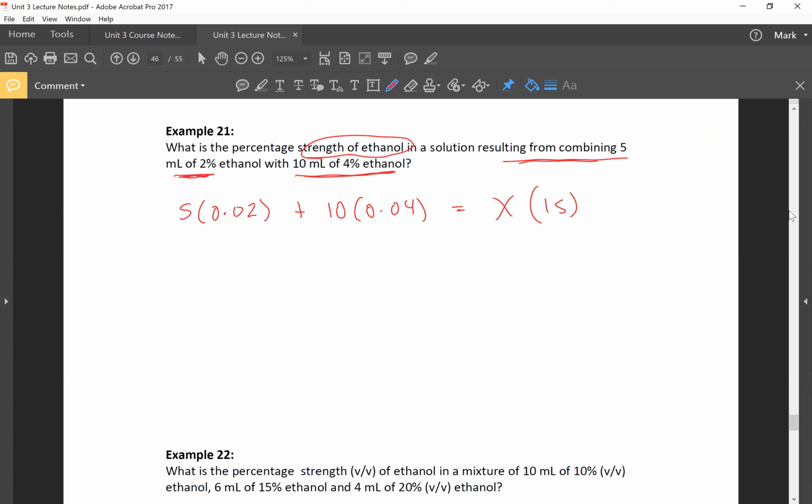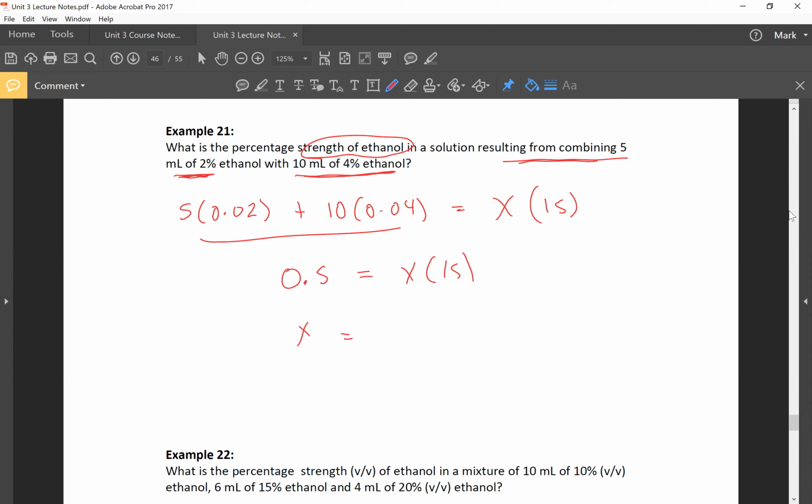Let's see what happens when we mix these together. 5 times 0.02, plus 10 times 0.04, gives me 0.5, which equals x times 15.